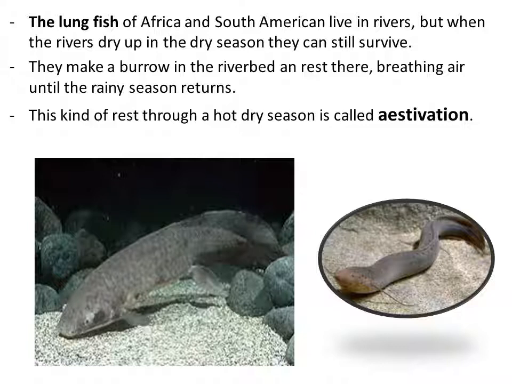The lungfish. The lungfish of Africa and South America live in rivers. But when the rivers dry up in the dry season, they can still survive. How is that? They make a burrow in the river bed and rest there, breathing air until the rainy season returns.